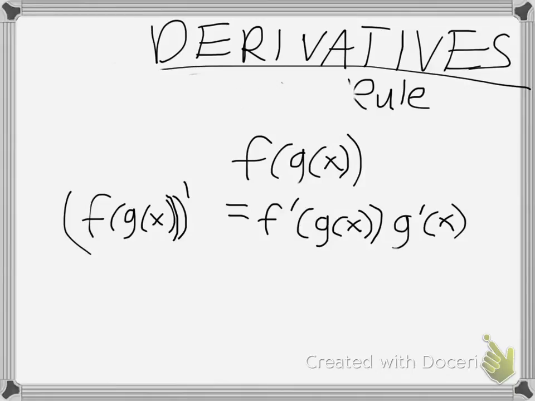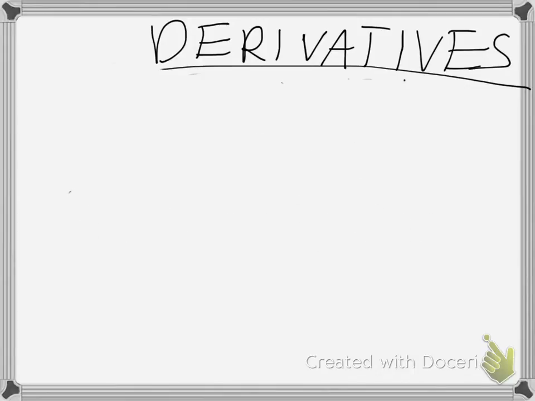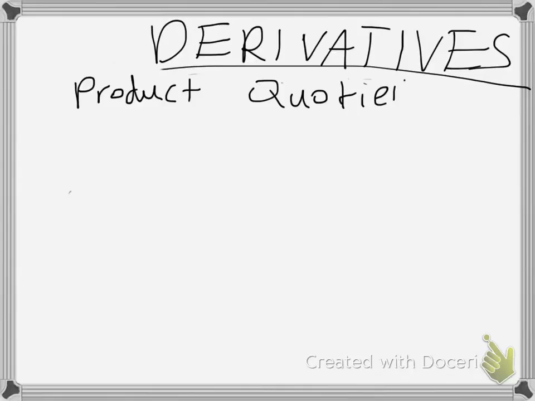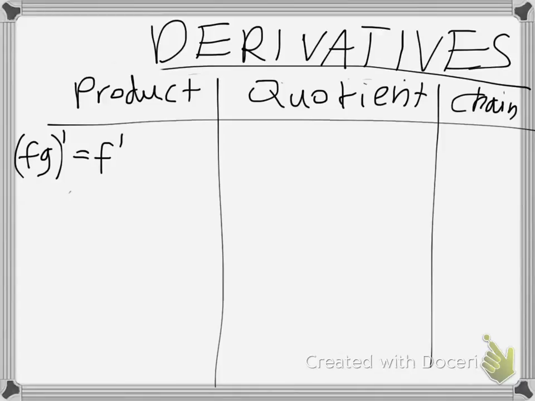So now what I'm going to do is I'm going to write the rules. So the product rule, the quotient rule, and the chain rule. So I'm going to make like a table. So the product rule says that fg prime equals f prime g plus fg prime.